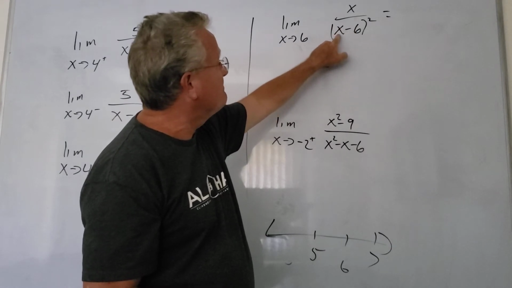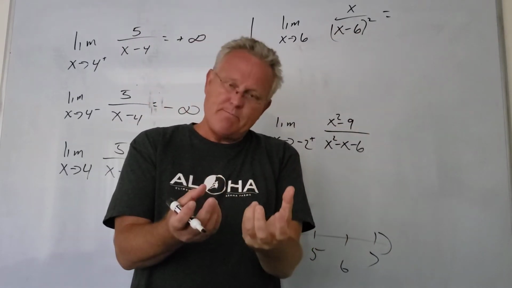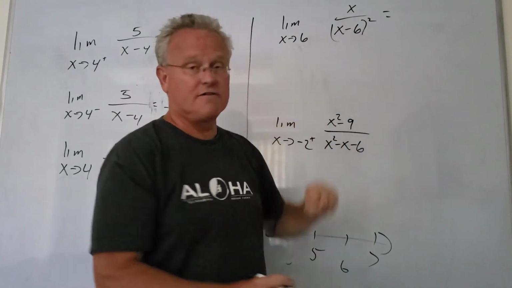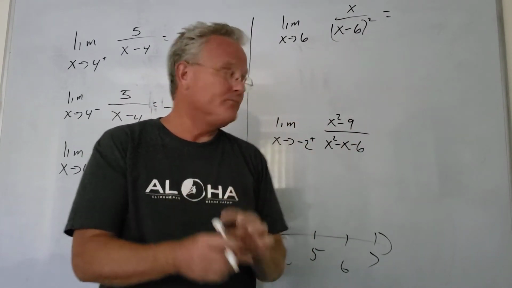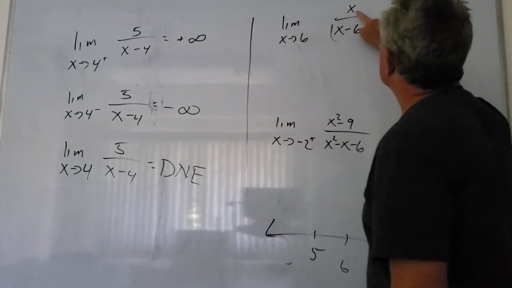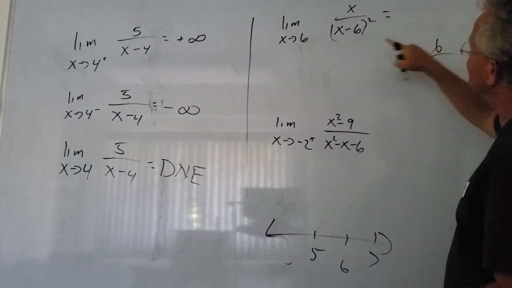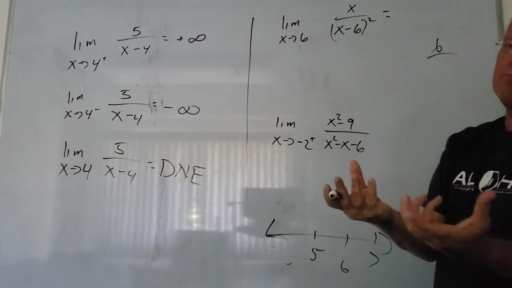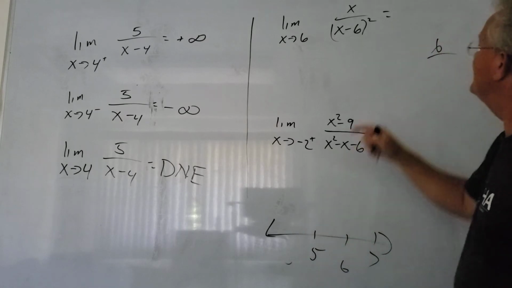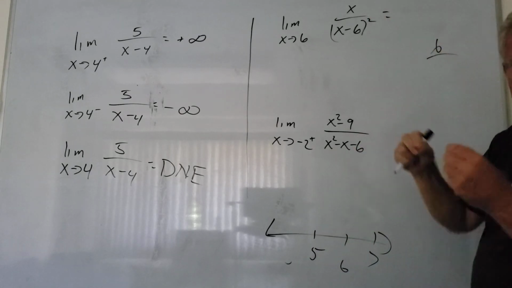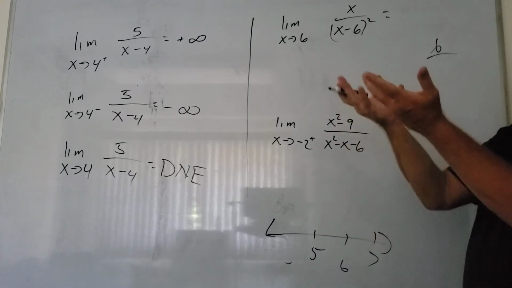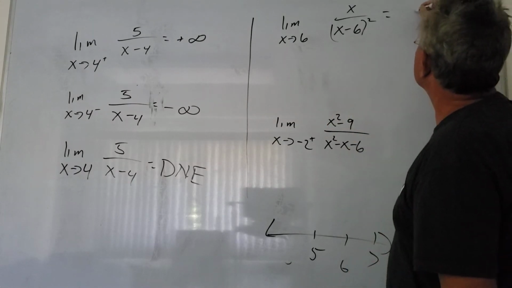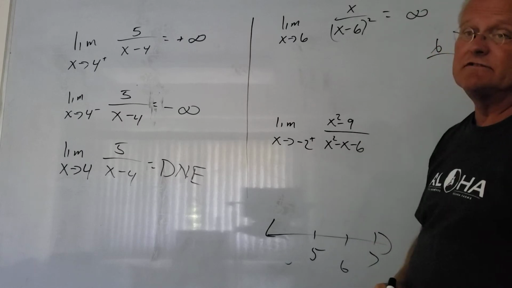The closer we get, the closer this difference gets to 0. So the numerator is 6, and the denominator is a really small number squared, which is some other really small number. 6 over a really small positive number is a really big positive number. In other words, it's shooting to positive infinity.